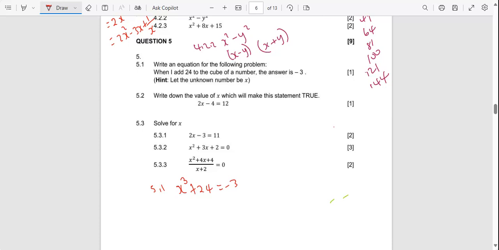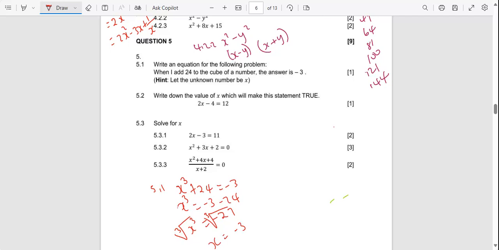In this way, I'll take this to the other side. Minus 24. X cubed is going to be negative 27. Divide by 3 on both sides. What I do on the left hand side, I must do on the right hand side. And then the answer is going to be negative 3.